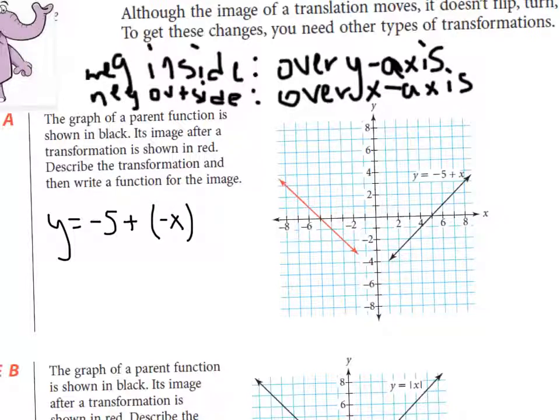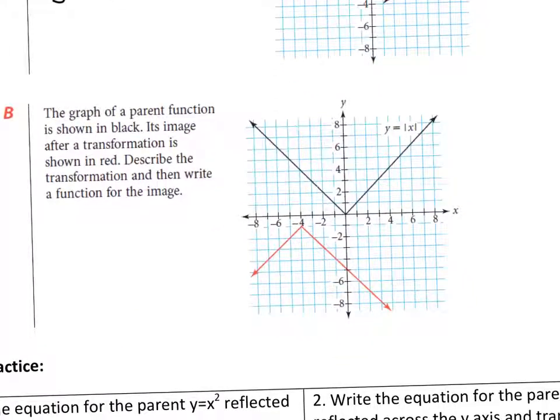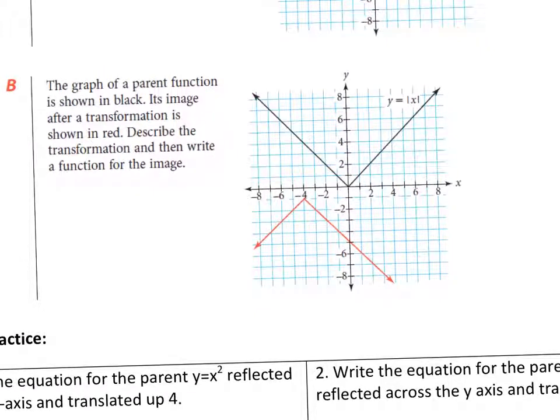For example 2, we have our parent function, absolute value of x, and we've got our new function that has a reflection and a translation. So first we should notice that we are flipping downwards, or flipping over the x-axis.